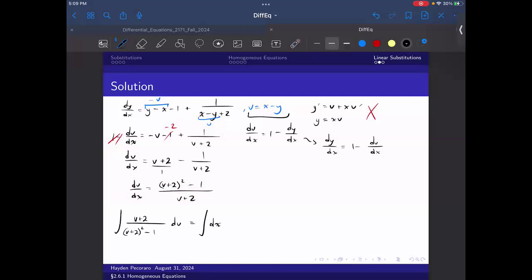And then take the antiderivative of both sides. So on the right side, we get x plus c. And then on the other side, how do I do that? U substitution?